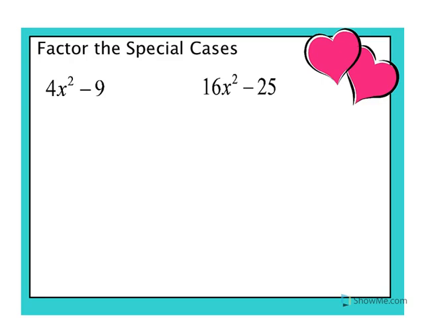This one's a little different, but it's still the same idea. The way we would get 4x squared, because 4 is a perfect square, it is 2 times 2. The way we get 4 is we multiply, like I just said, 2 times 2. The way we get the x squared is we do x times x. So the square root of 4x squared is 2x. Now look at your 9.